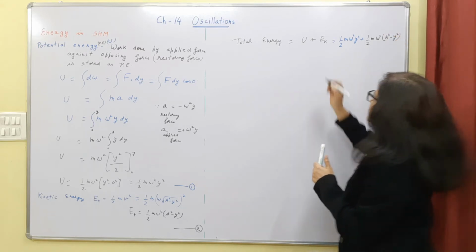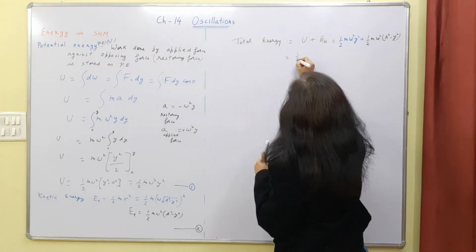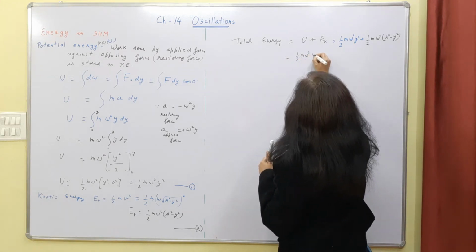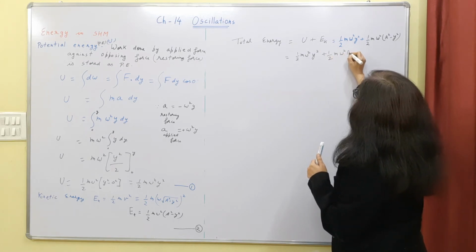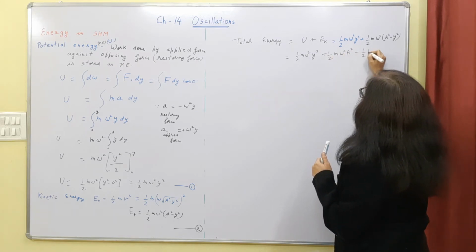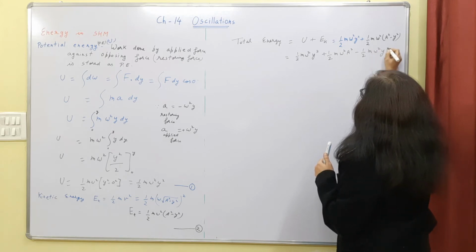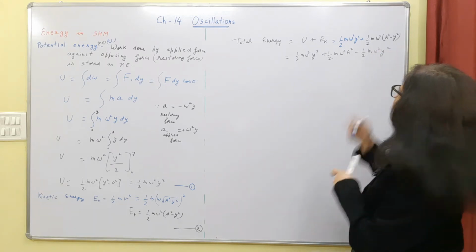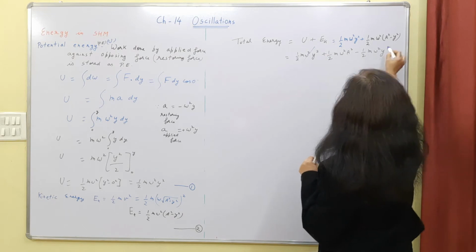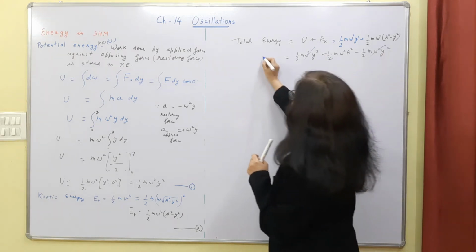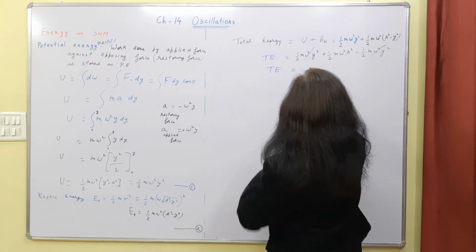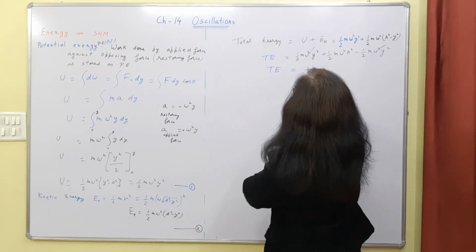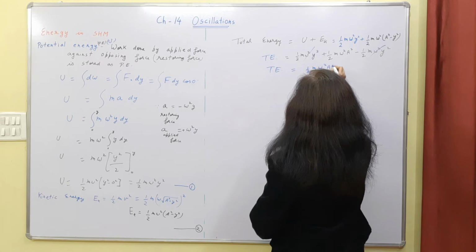So if I solve this, what will I get? Half m omega square y square plus half m omega square a square minus half m omega square y square, right? So from here this will be cancelled, and the total energy in SHM will be half m omega square a square.